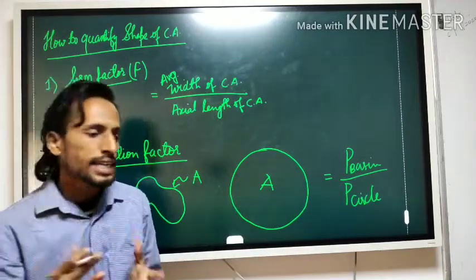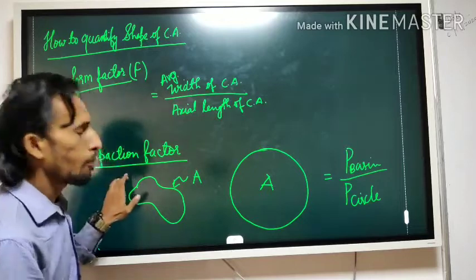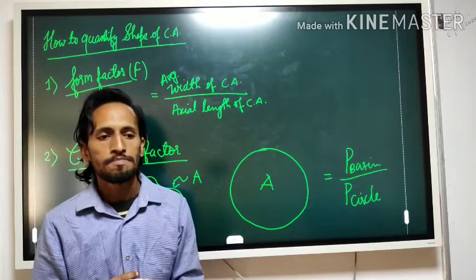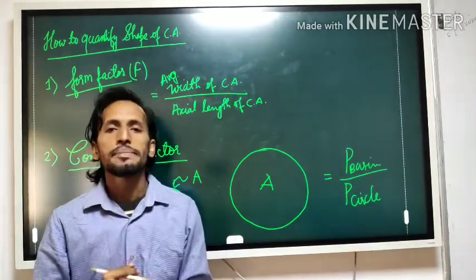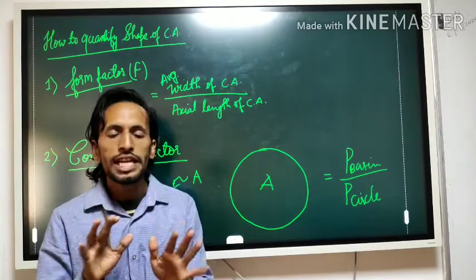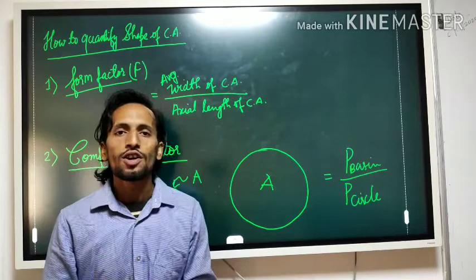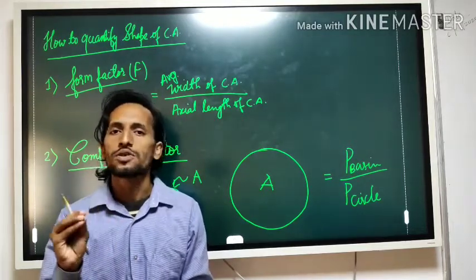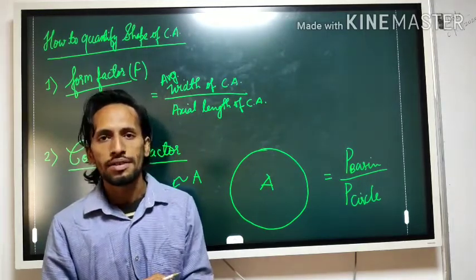Sometimes they directly say that the form factor and compaction factor affect the shape of a hydrograph.